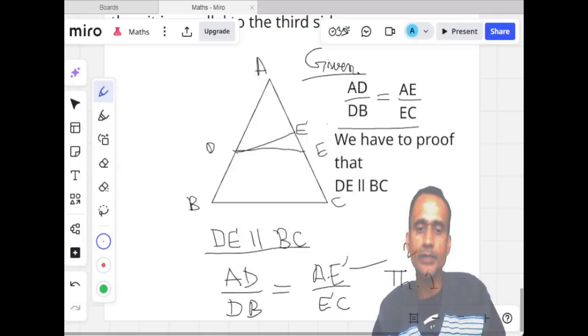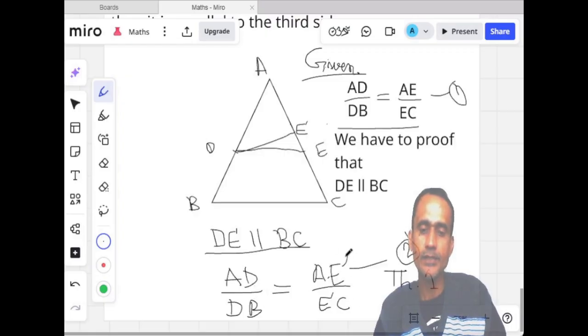Let this be equation 2, and this is our equation which is already given, equation 1. So what we can deduce from equation 1 and equation 2 is that AD by DB is equal to AE by EC by equation 1, and by equation 2 it is AD by DB is equal to AE dash by E dash C. So that means that AE dash divided by E dash C is equal to AE by EC. Their ratio should also be the same.